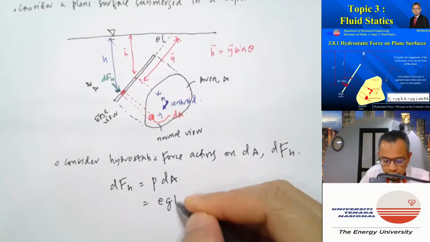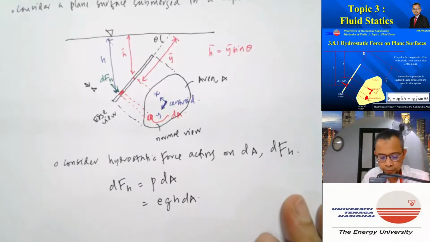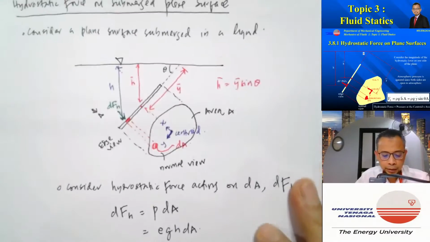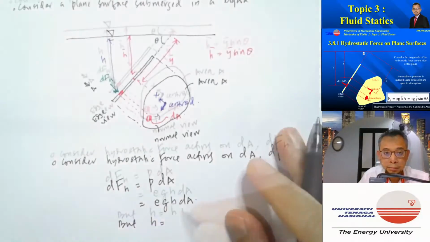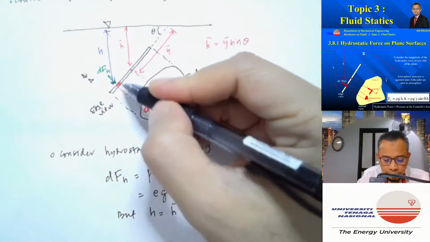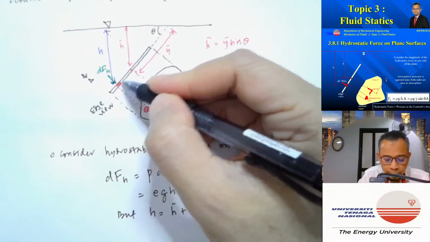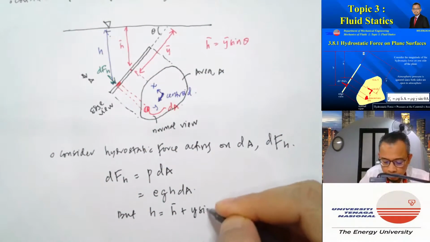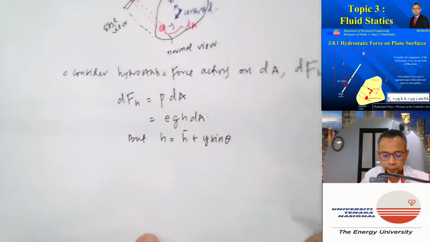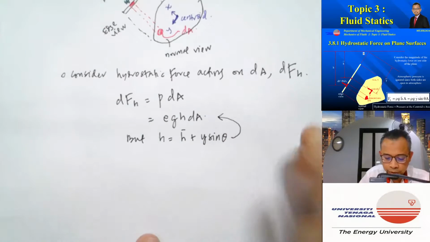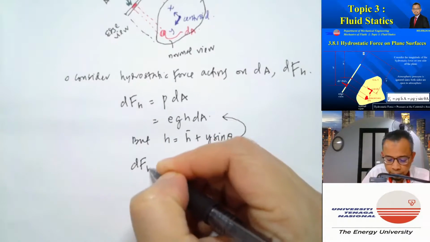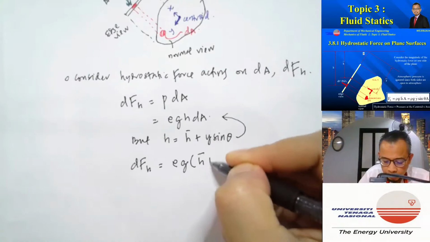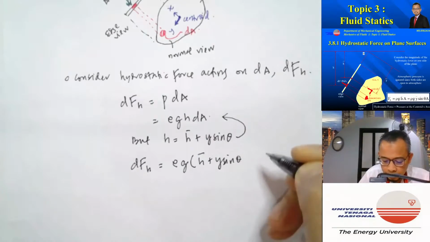So rho g h dA. But if we consider h is equal to h bar plus this distance here. This distance from the centroid to dA is y. So the vertical distance is equal to y sine theta. So if we substitute this to here, we'll get the expression for dF hydrostatic, which is equal to rho g (h bar plus y sine theta) dA.